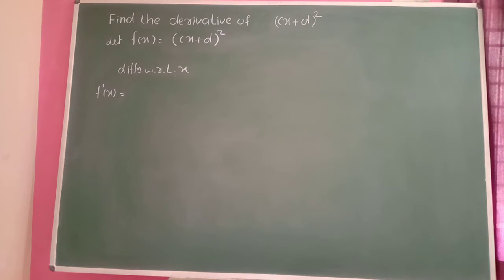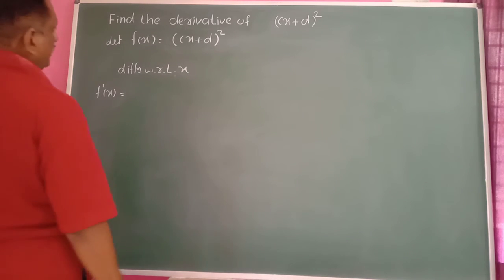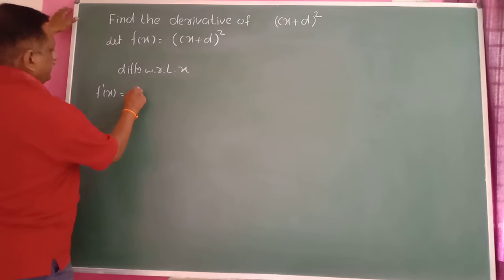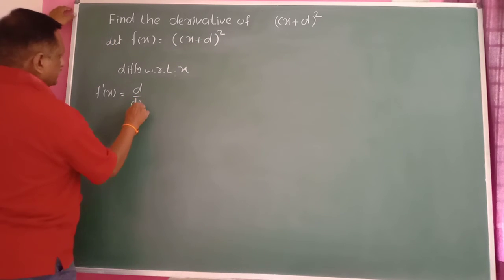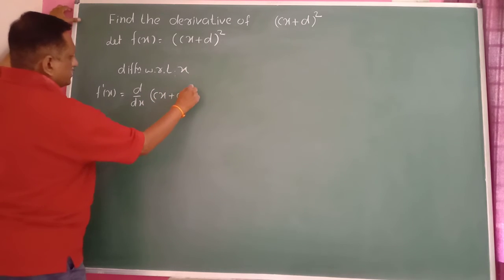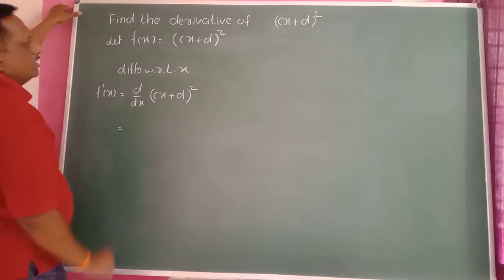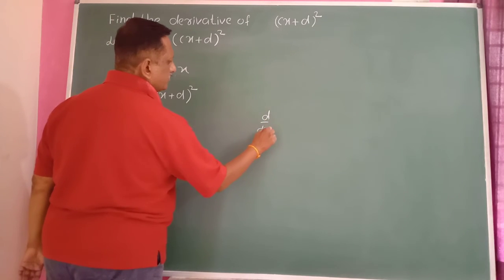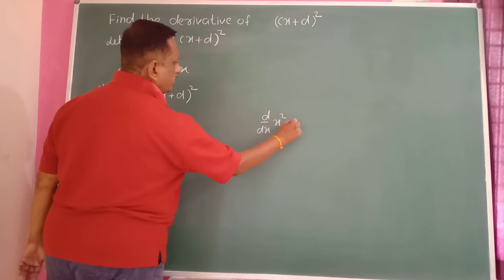So find the derivative of cx plus d whole square here. In this case, cx plus d whole square term is there. So differentiate the function here. D by dx of cx plus d whole square is equal to, differentiation of x square here, it is 2x here.